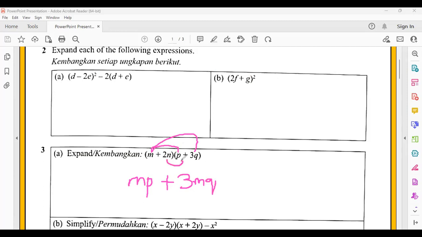And then 2N times P, so plus 2NP. And then 2N times 3Q, plus 6NQ. None of these terms are the same, so you cannot add or subtract or do anything anymore. You've got to leave it like that.